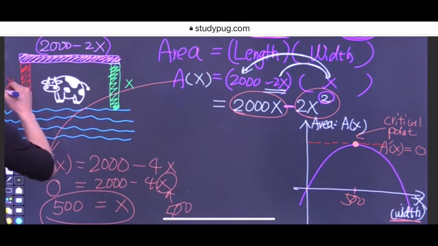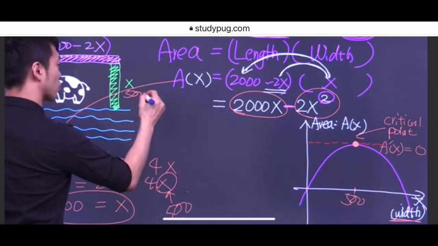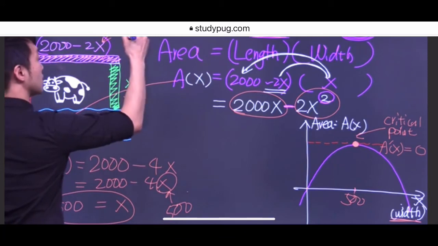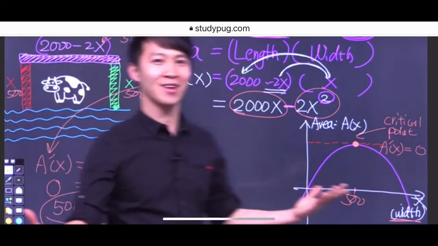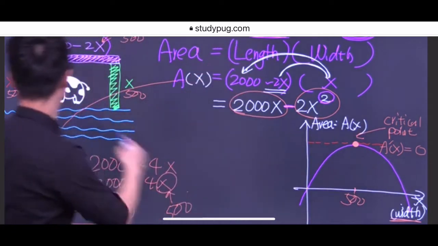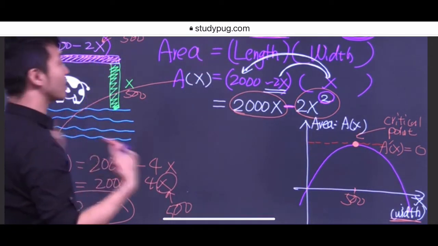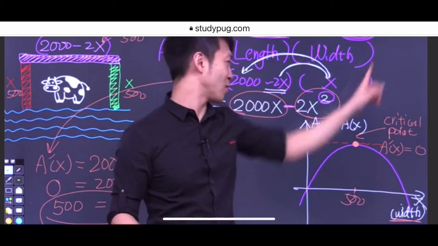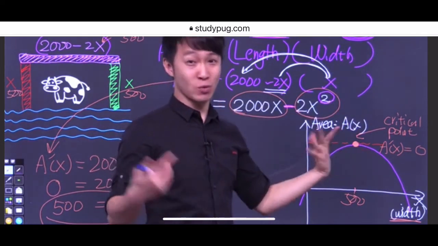And guess what? When x is equal to 500, we're done. We found the answer. This particular dimension will give us the maximum area. So we're ready to write the answer.